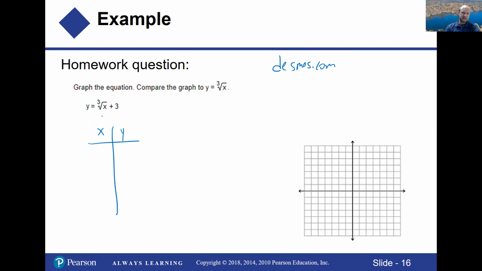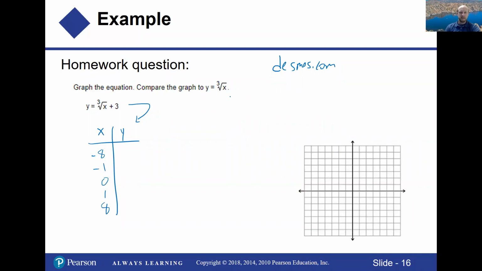And because this is a cube root, I'm going to want to choose numbers that are perfect cubes. So for x, I might choose something like -8, -1, 0, 1, and 8. Okay, that's going to give me a good bearing here on this guy. So I'm graphing this here, and you can compare it to this graph.